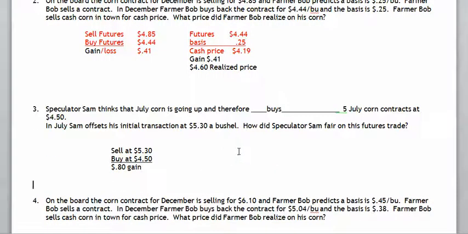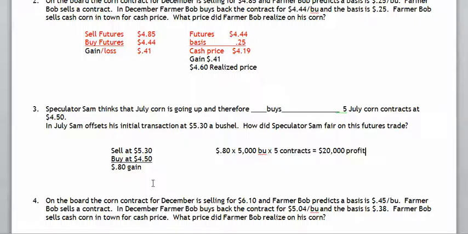We gained 80 cents on 5 contracts, which are 5,000 bushels each. So 80 cents times 5,000 bushels times 5 contracts, that's 25,000 bushels total times 80 cents. This was an overall profit of $20,000.